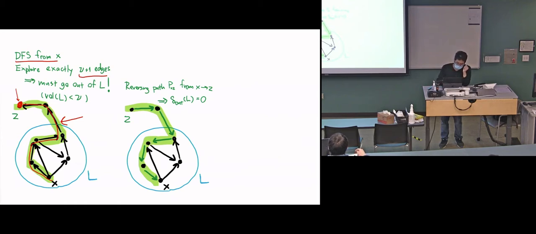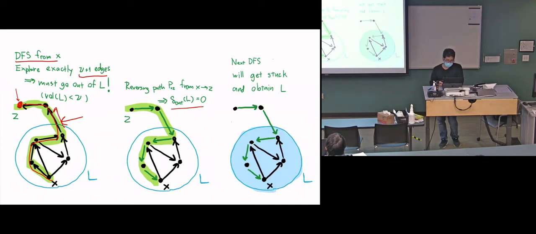By reverse, I mean flip each edge along the path. What is happening here? The cut size will reduce from 1 to 0.